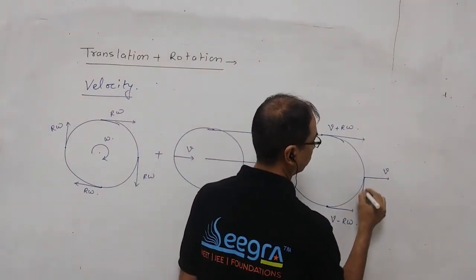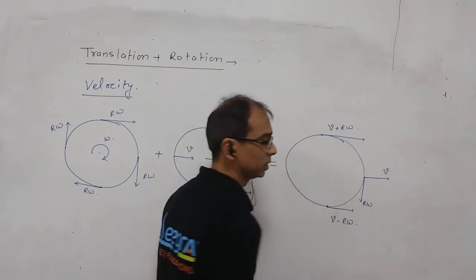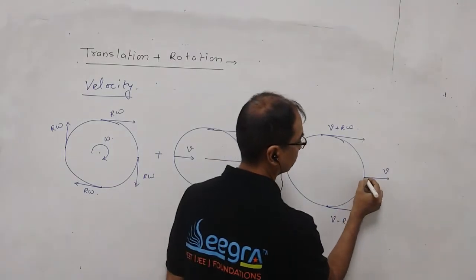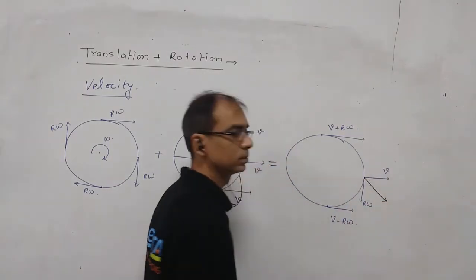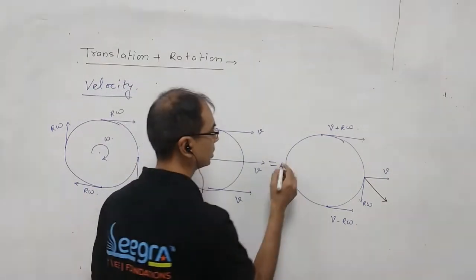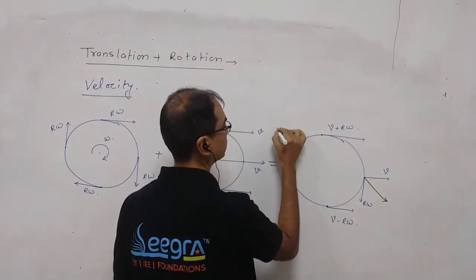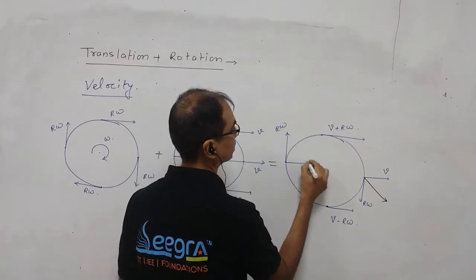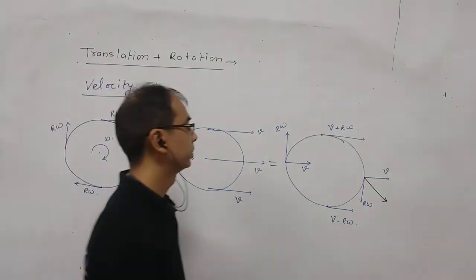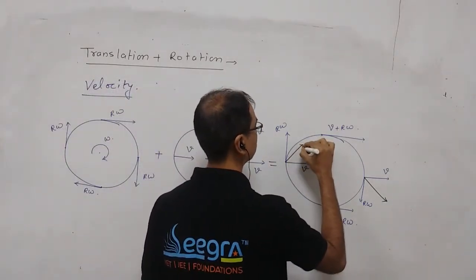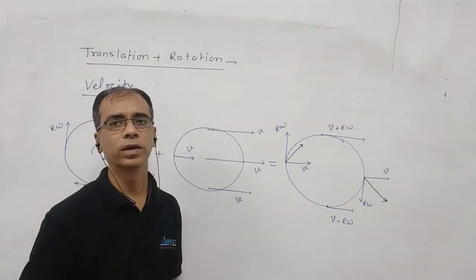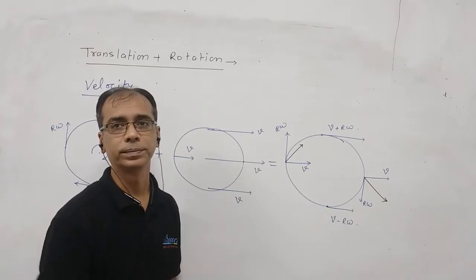Where will be the resultant? Resultant is somewhere here. And at this point, R omega is like this, V is like this. Where will be the resultant? Resultant in the middle, somewhere. And this is how we can find the velocity of each point.